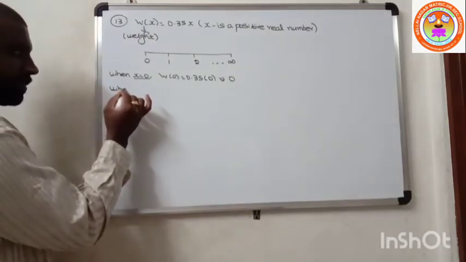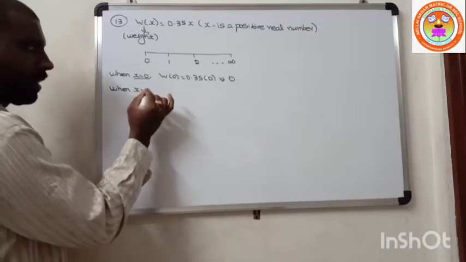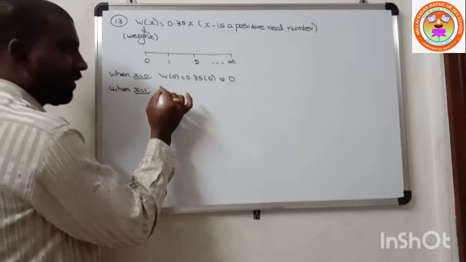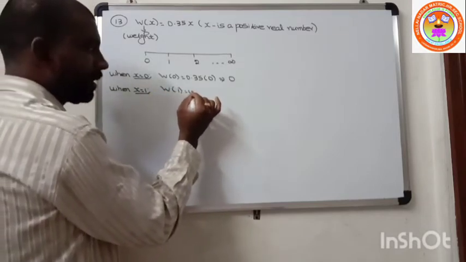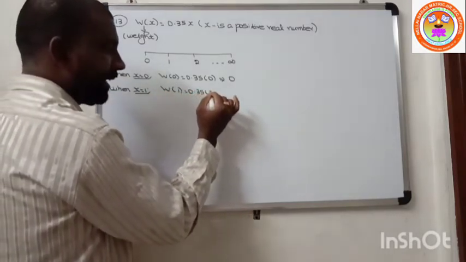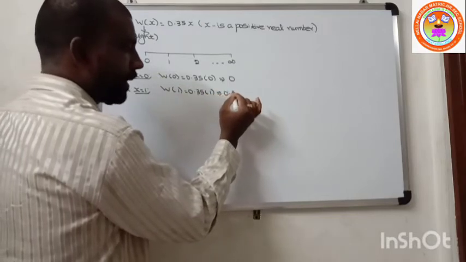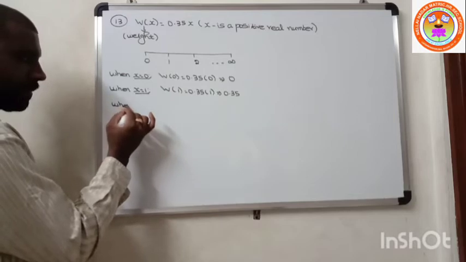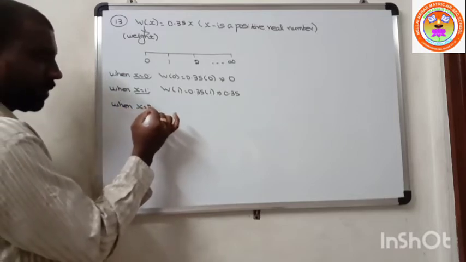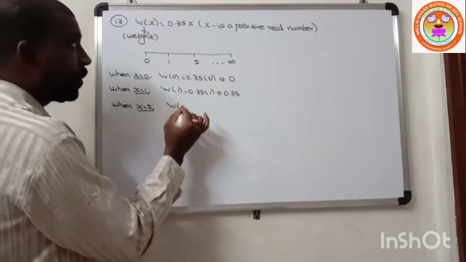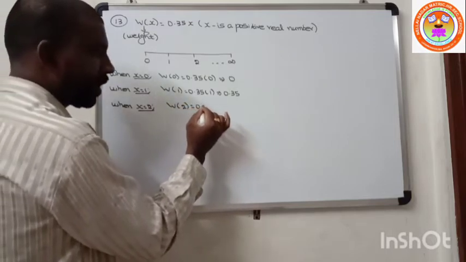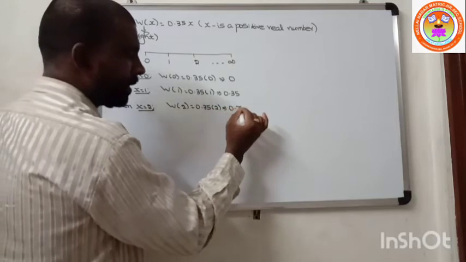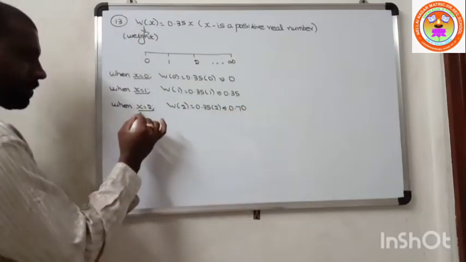When x equal to 1, W of 1 equal to 0.35 into 1, 0.35. When x is 2, W of 2 equal to 0.35 into 2, 0.70.